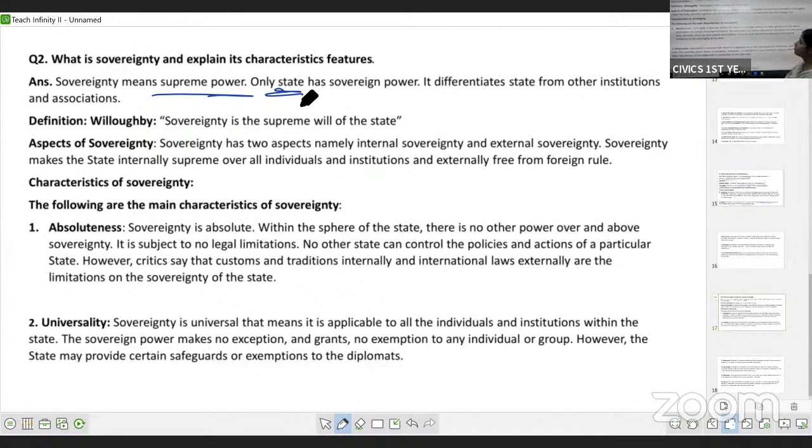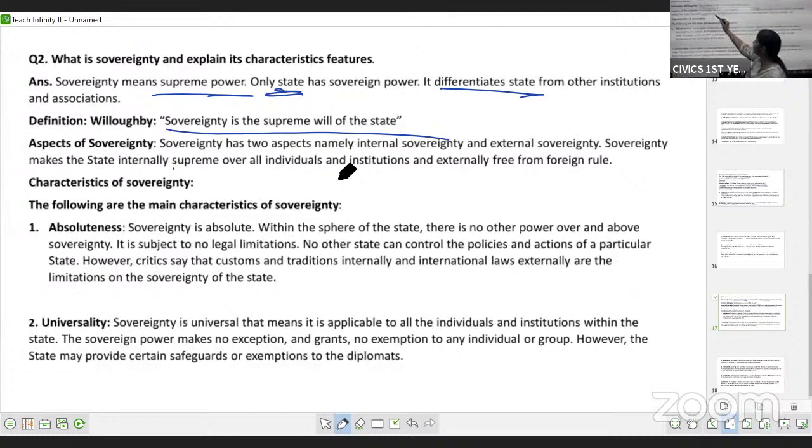It is this sovereignty which differentiates states from other institutions. One definition given by Belofsky: sovereignty is the supreme will of the state. Sovereignty is of two types, internal and external. Internally, it is supreme over all individuals. Externally, it is free from foreign control.